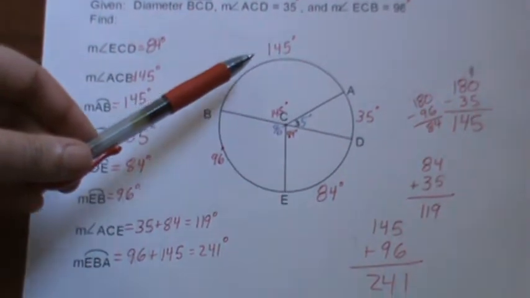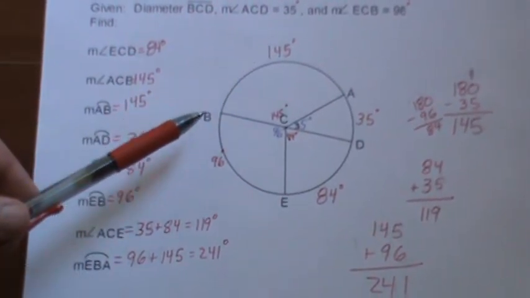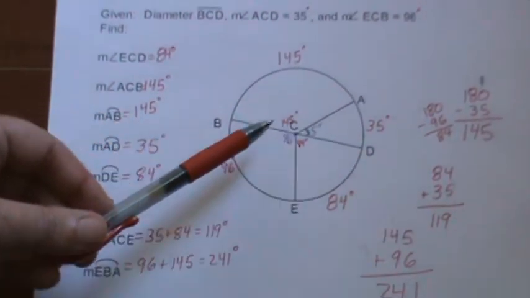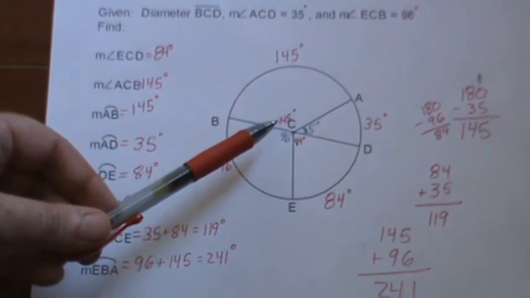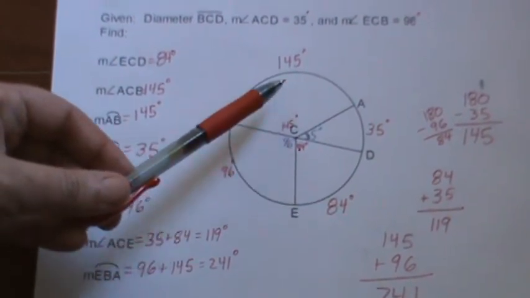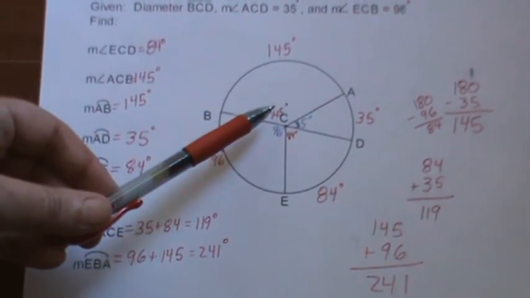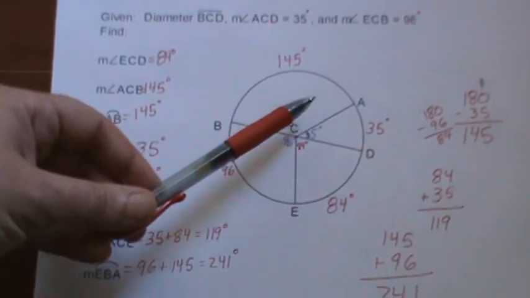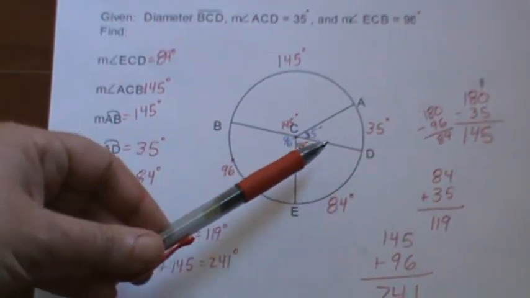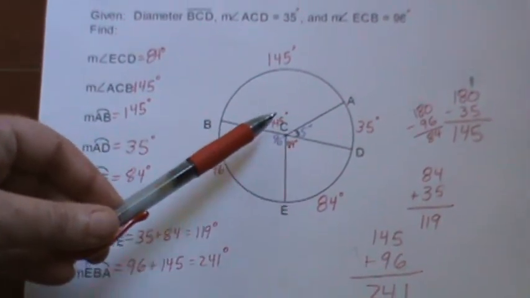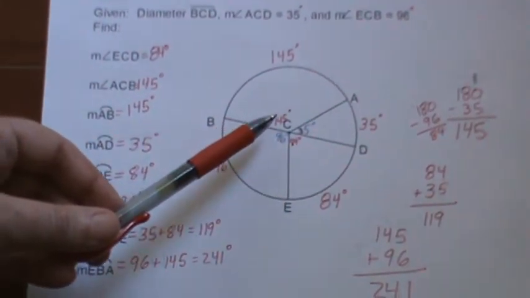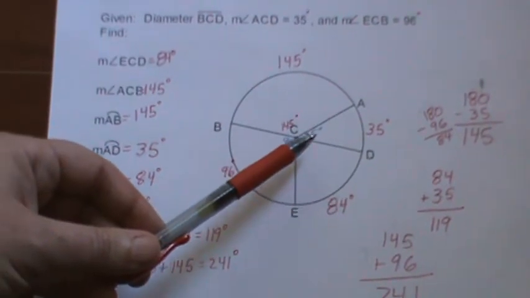And since arc BA is 145 degrees, angle BCA is 145 degrees because the measure of the central angle is the same as the intercepted arc. Another way that you might consider this is that angle BCA and angle ACD are a linear pair, and therefore they have to be supplementary, which means their measures have to add up to 180 degrees.